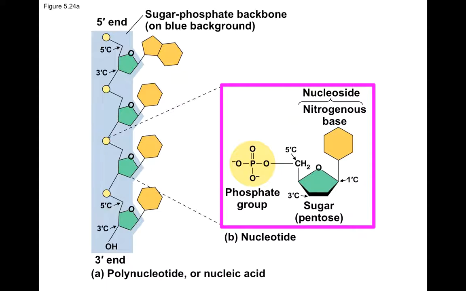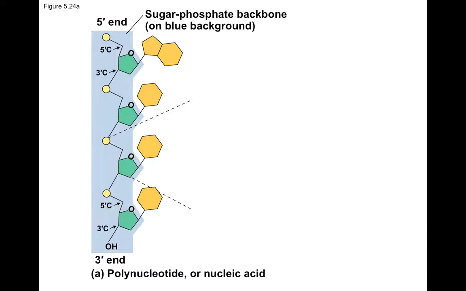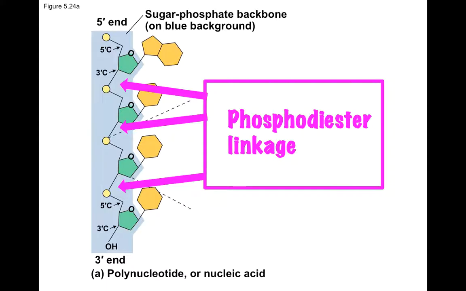Like the other biological molecules, joining the monomers together involves dehydration reactions. A covalent bond, called a phosphodiester linkage, another type of bond you need to know in AP, is formed between the sugar and the phosphate group.